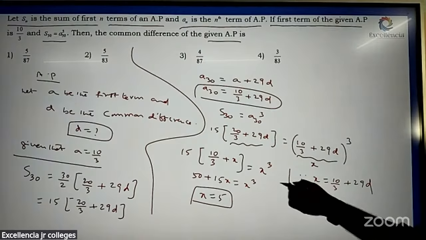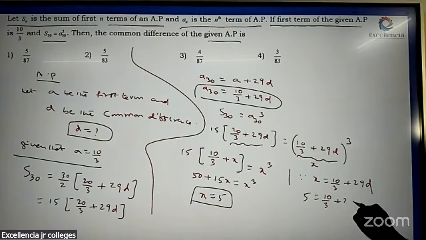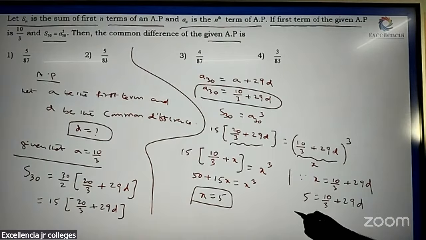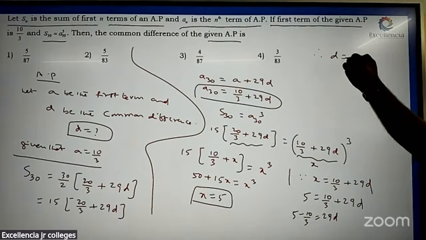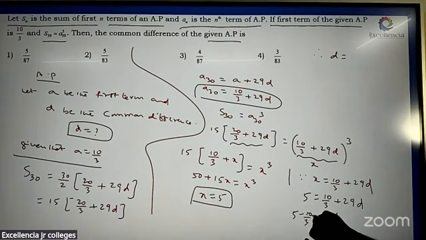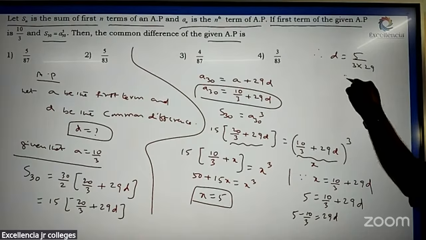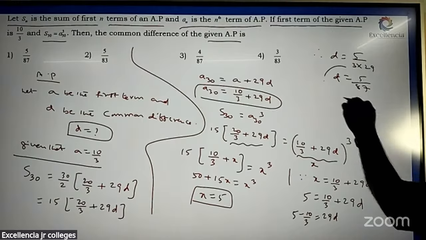Now in place of x, write 5. The value of D is easily found, since he is asking only for the common difference. 5 minus 10 by 3 is equal to 29D. Therefore D is equal to 5 by 3 into 1 by 29, that is 5 by 87. So the common difference is this.